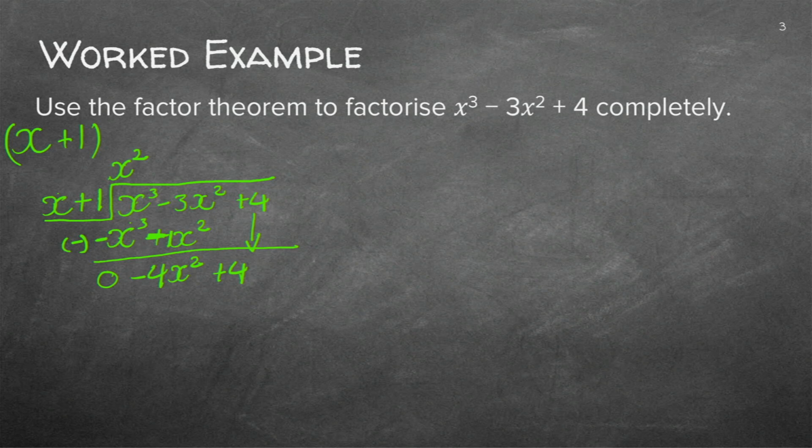You continue, you repeat the same process. You say x divides this value there. So x will divide minus 4x squared, so your answer is going to be minus 4x. Then you multiply x times negative 4x. When you multiply x by negative 4x, this is going to be a negative 4x squared.